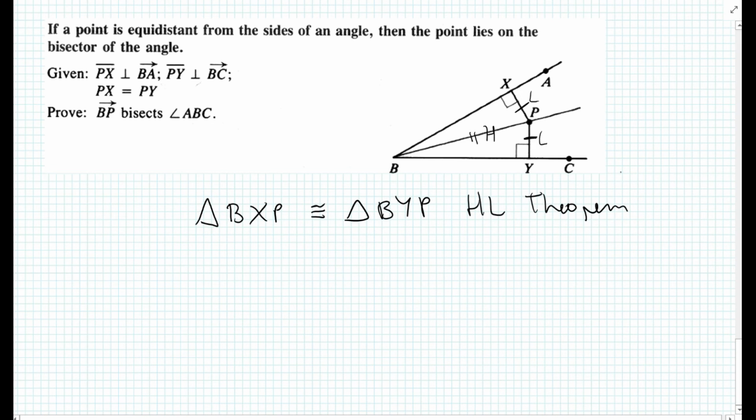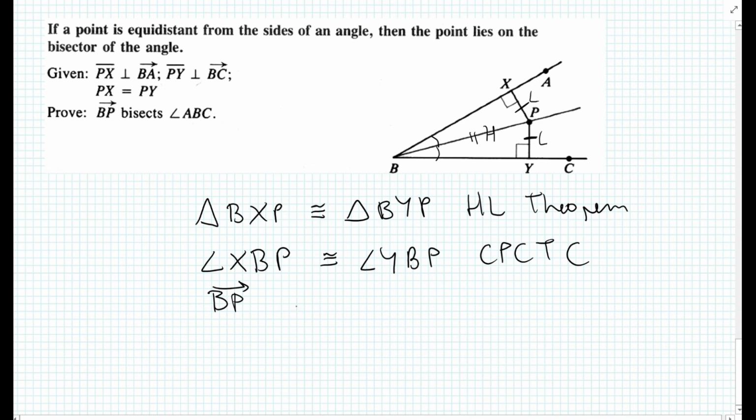Now, once we prove them congruent, then what else can we say? That by corresponding parts, these two angles are congruent. So basically angle XBP must be congruent to angle YBP, by corresponding parts of congruent triangles are congruent. Now, since that is true, what can we say about ray BP?